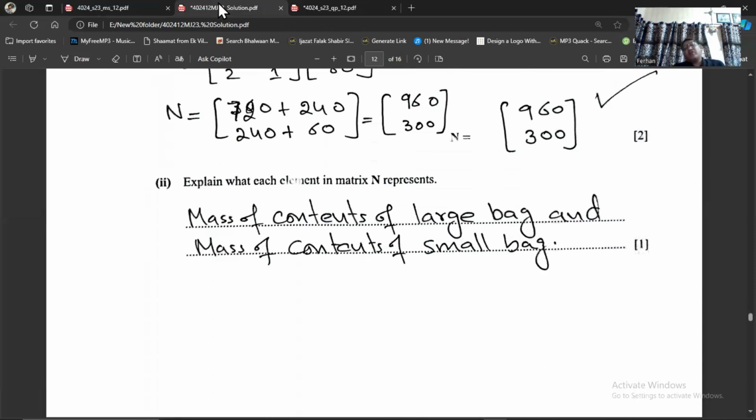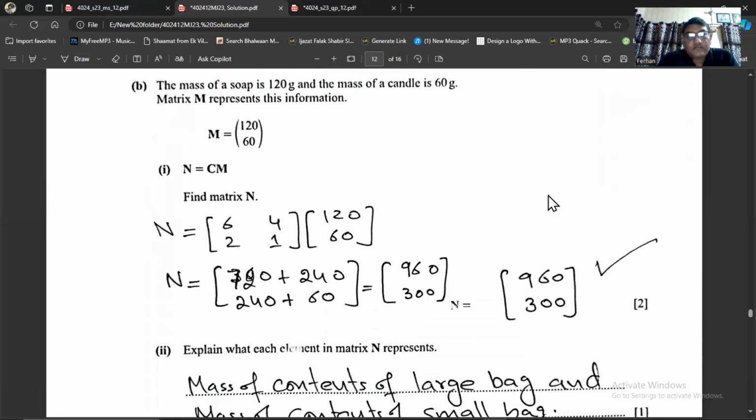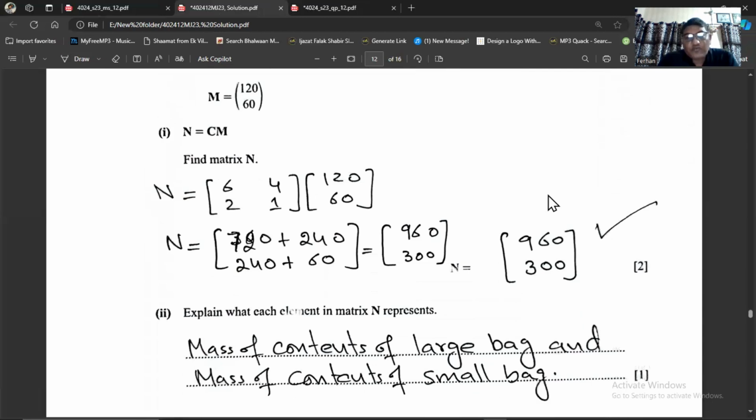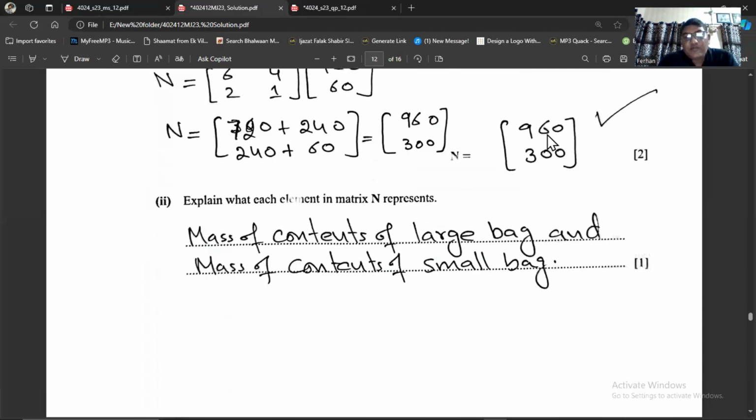The mass of the content of the large bag and the mass of the content of the small bag. Yes, yes. So when you multiply them, the candles are multiplied with the candles mass, and the soaps mass has multiplied with the number of soaps. So now this is basically representing the mass of the large bag, and this is representing the mass of the small bag.